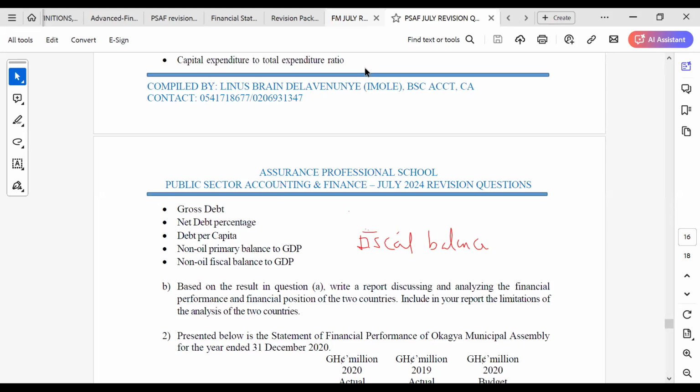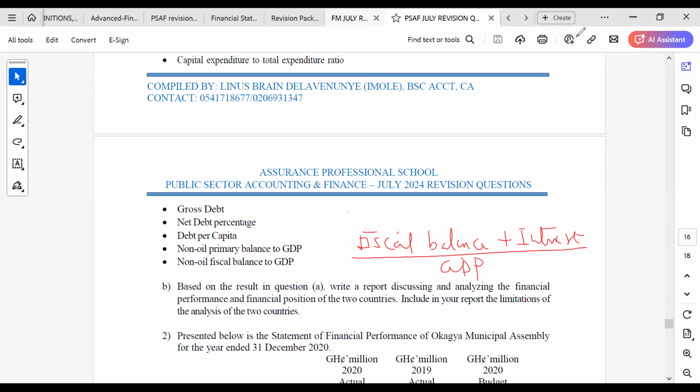So we calculate this one using accrual basis. So interest is not actually part of the expenses that we have to incur to generate the revenue. So how do we calculate the balance? It will be calculated as revenue net of the revenue relating to oil, which is the annual budget funding amount. This will all be divided by the GDP of the country.